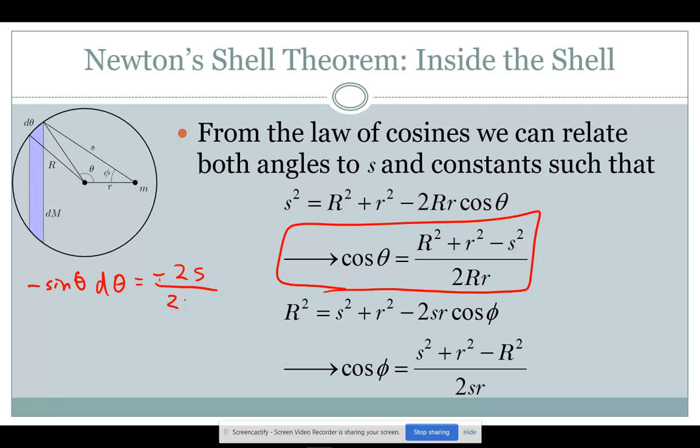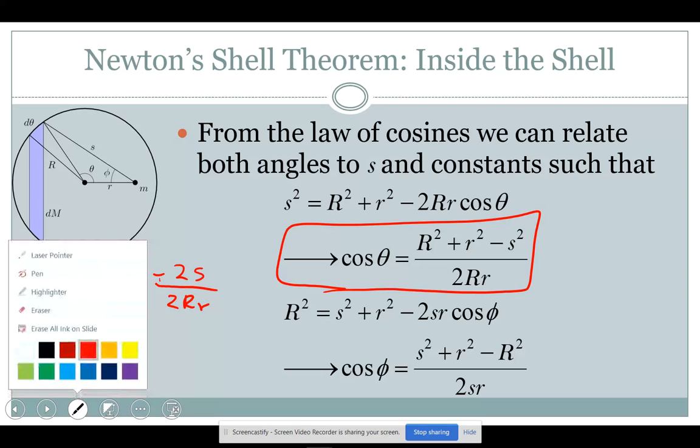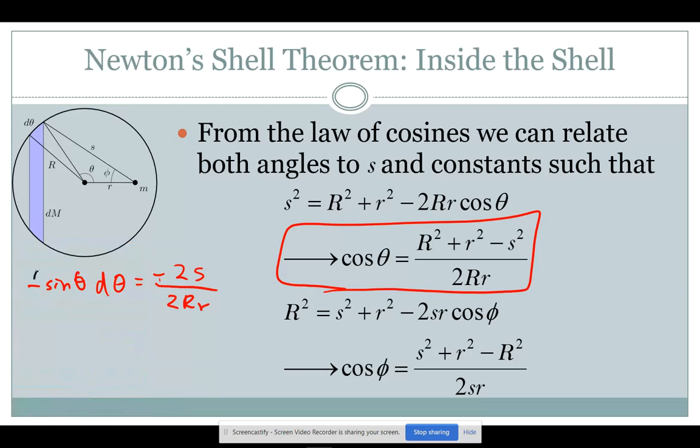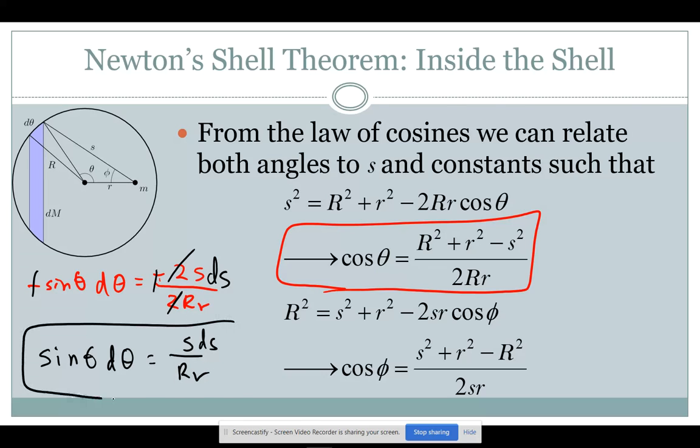And I have to remember I had 2Rr on the bottom, so I will go ahead and cancel what I can. Cancel the minus signs to make it a plus. Cancel the 2's. And I have sine theta d theta is equal to s over, oh, I forgot the ds. Can't forget those d's. s ds over capital R lowercase r.